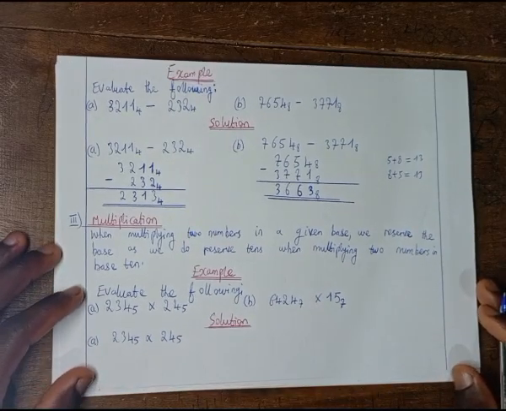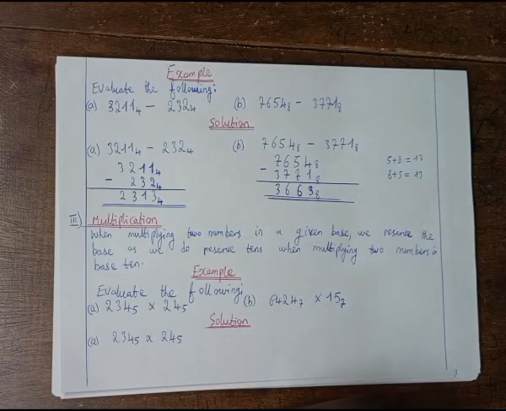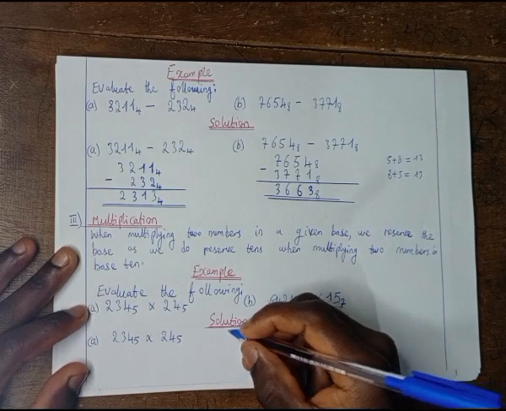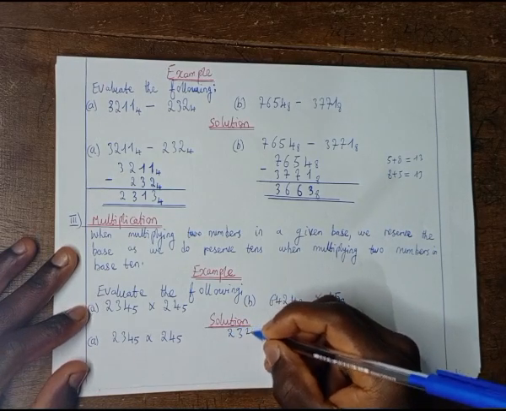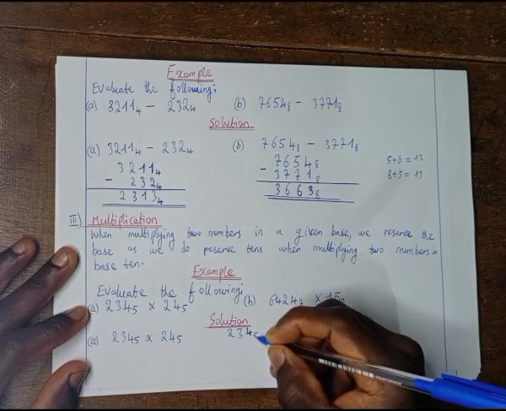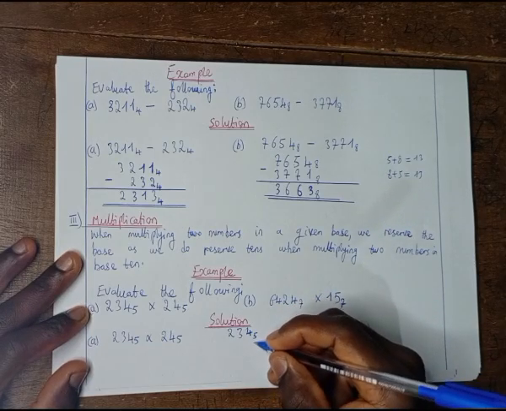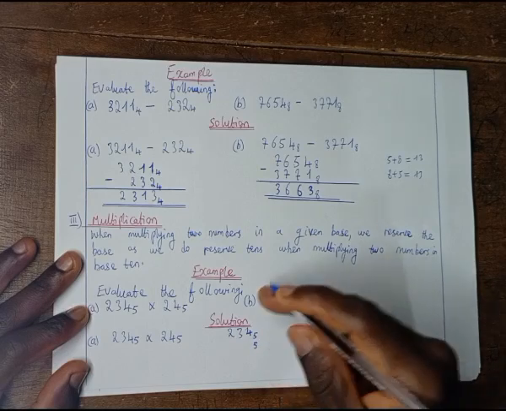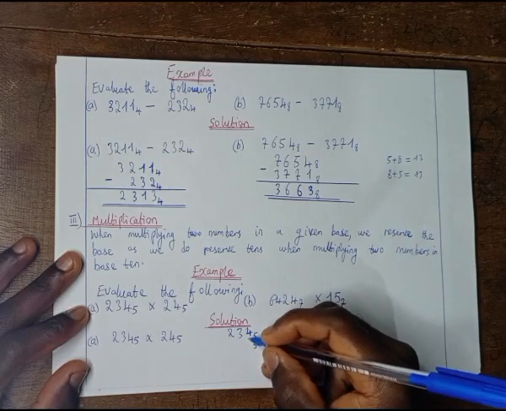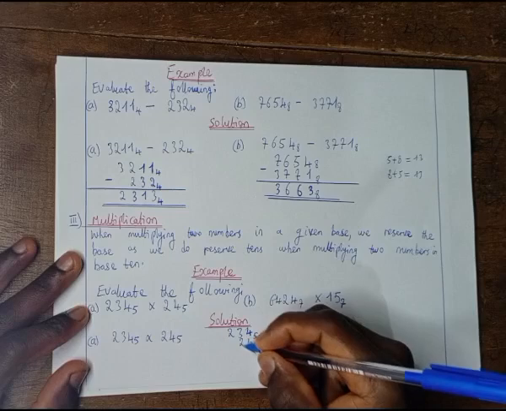For us to multiply these two numbers, first thing, we need to start by arranging them. We write 2, 3, 4 for the first number, it is in base 5. Then the second number, we are going to write the base in such a way that they are vertically aligned on a straight line. 4 will be here, 2 will be here.